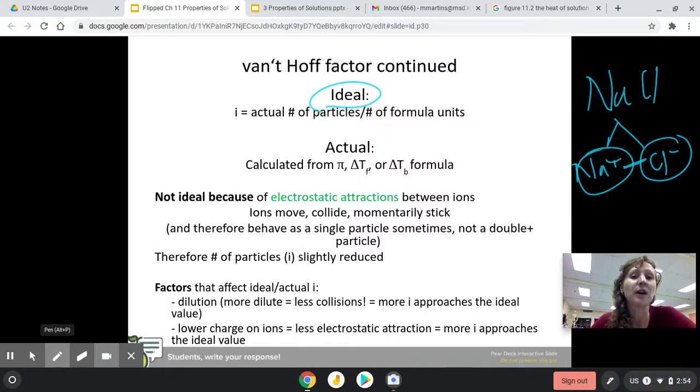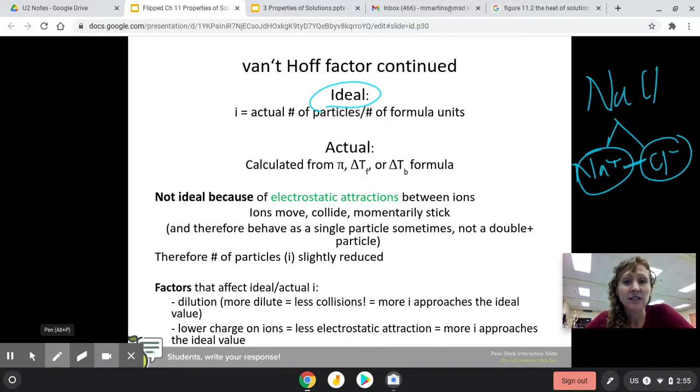If you have a supersaturated solution, you're going to have lots and lots of ions very close together, and the chances of them hitting each other and momentarily sticking and acting like one particle instead of two particles is much higher. At that point, your Van't Hoff factor would probably be less than 2, since they're momentarily sticking together and acting like one molecule. If you dilute it, add lots of water, and move these ions really far away from each other, they're going to act more ideal.